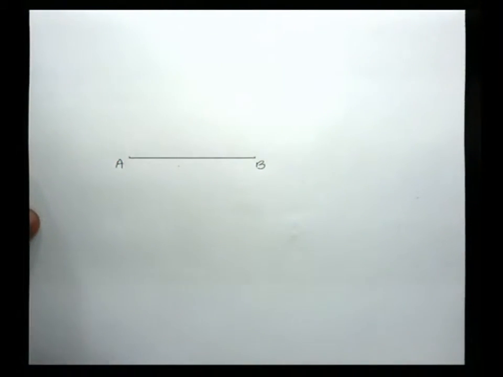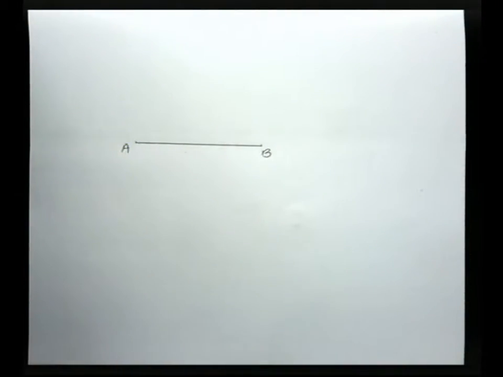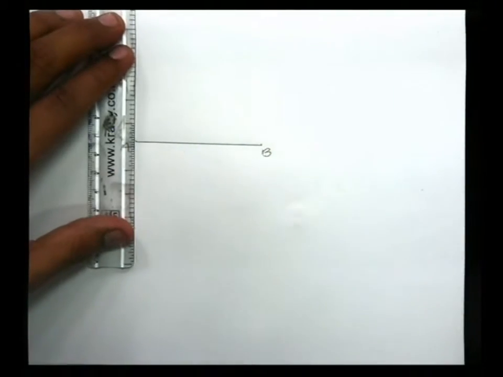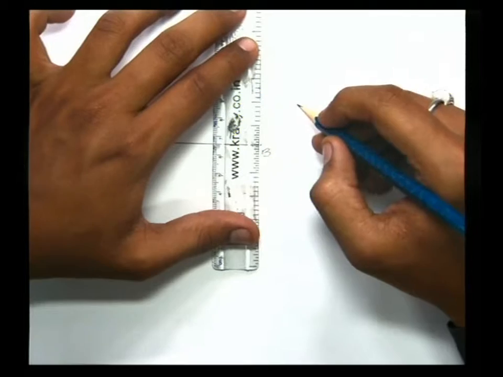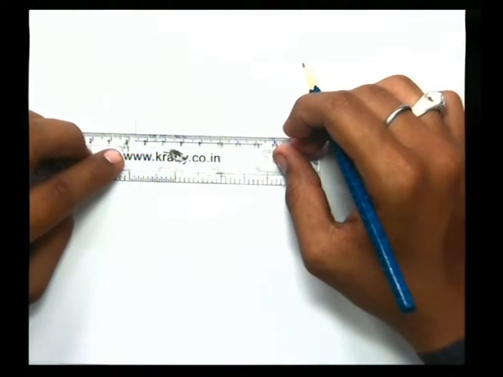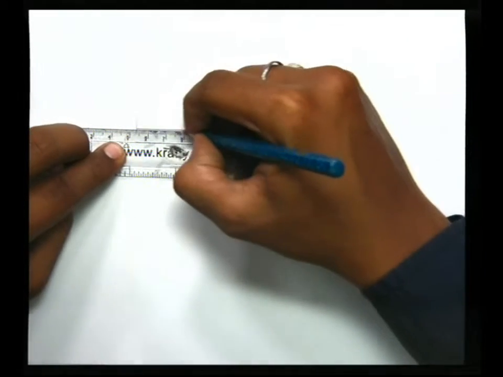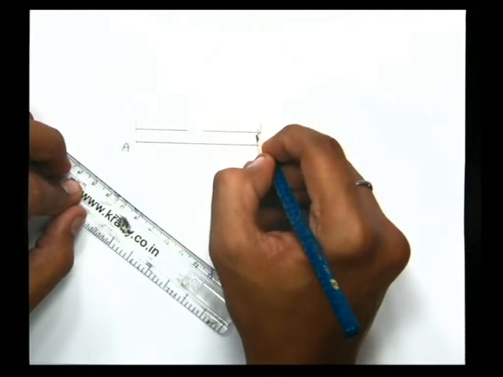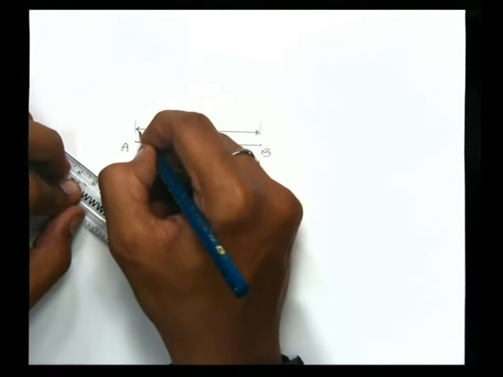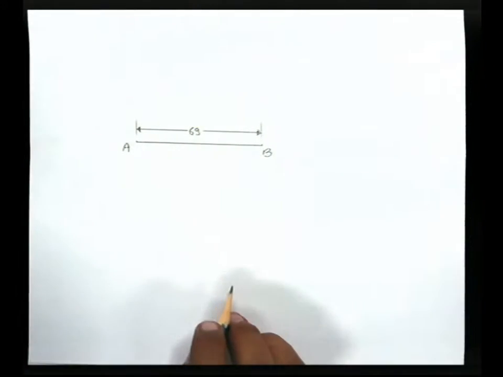Let's give it a dimension at the starting itself. This AB line is 69 mm long. I am giving the unidirectional dimensioning system. This length is 69 mm.